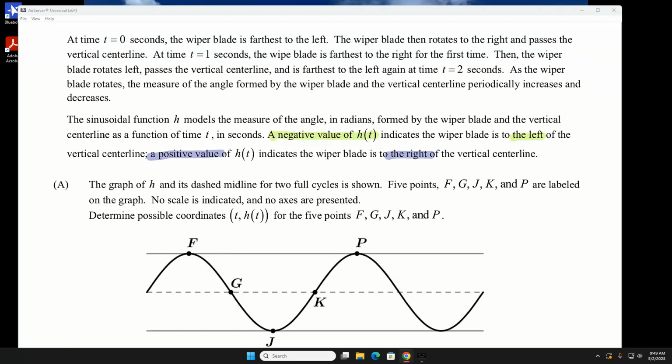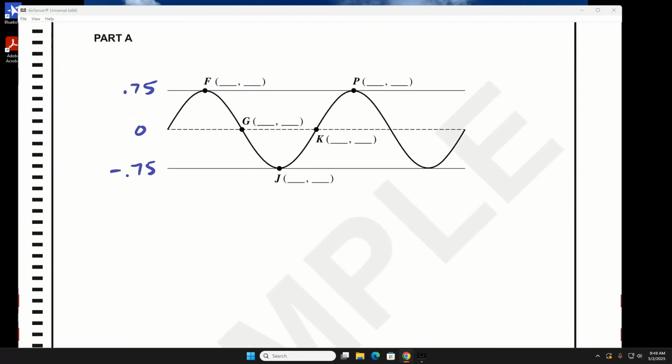And so it tells us at 0, we're to the left, and then it switches to the right and back to the left at what time? 2 seconds. That's a full period. 1 cycle of blade wiping is 2 seconds. I love the way this one is worded because it actually makes it easier, I think, to find the time values. So I'm actually not even going to use 0 anymore.